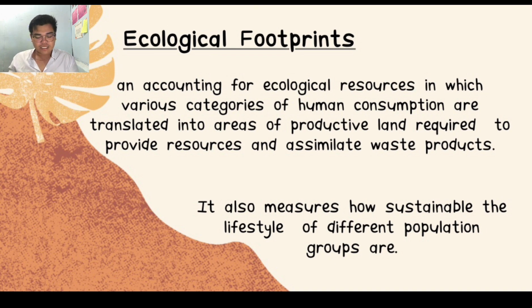In other words, this ecological footprint make sure that resources are being sustained for the consumption of the population and also calculating the waste we produce from these resources. It also measures how sustainable the lifestyle of different populations groups are.